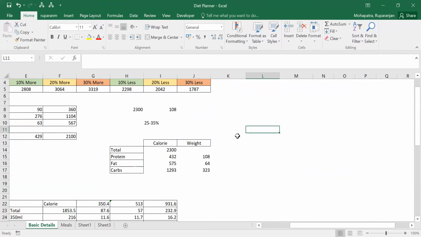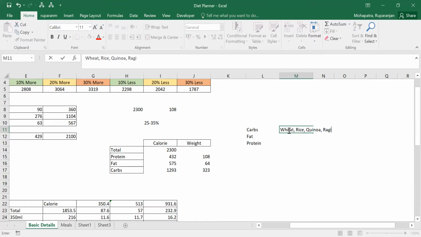Then we have to choose what carb source, what fat source, and what protein source we have to eat. This is up to our convenience. We can't say you should eat this, because every area has different preferences. For carbs we can eat wheat, that is atta, then rice, quinoa, ragi, then oats.